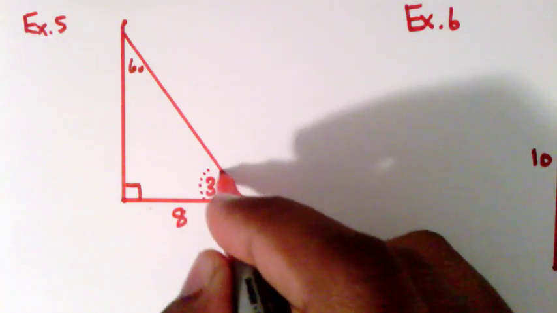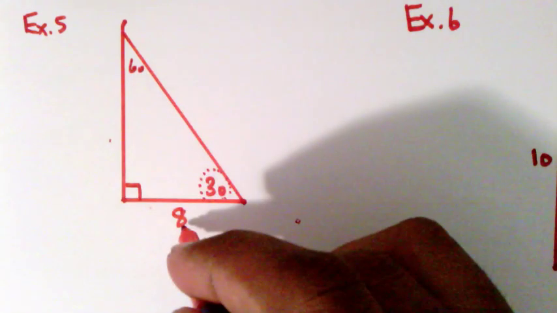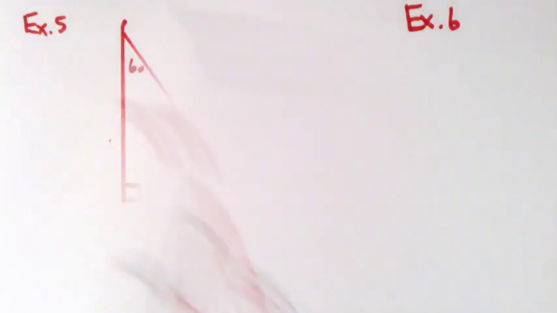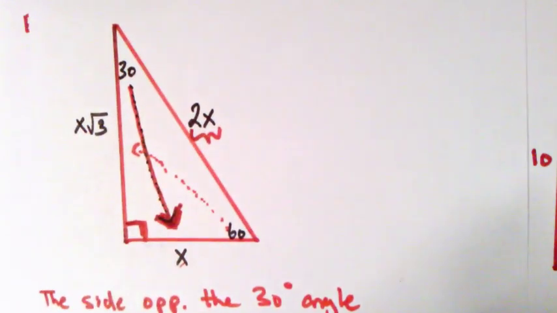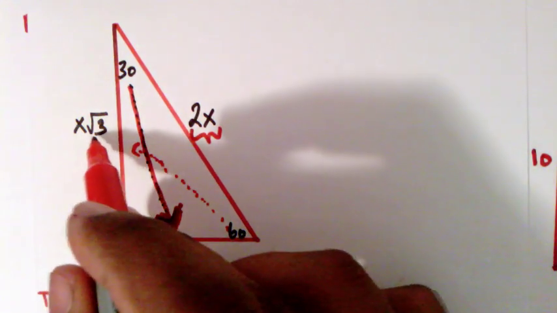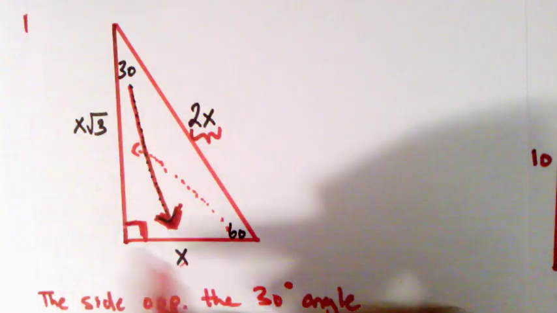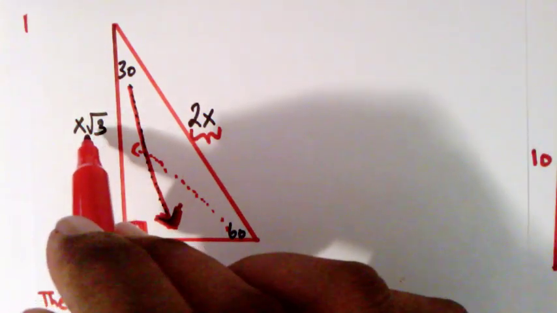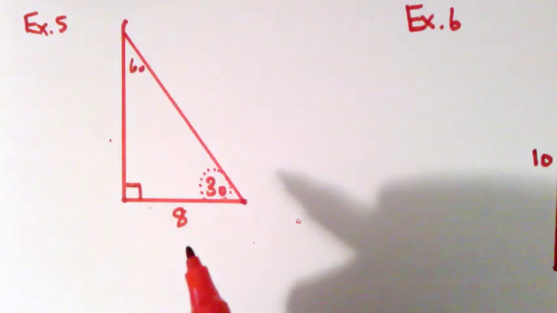And I was not given the side opposite it or the hypotenuse, but I was given this as 8. Here's your special 30, 60, 90 formula. What I was technically given across from 60 degrees is x times radical 3. So I took some x value and multiplied it times radical 3, and it happened to equal 8. So how do I undo this process?